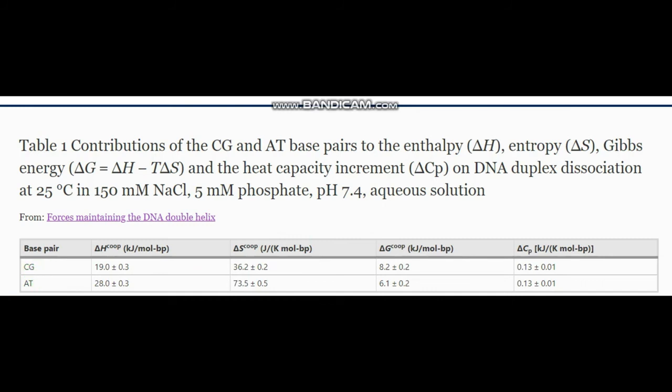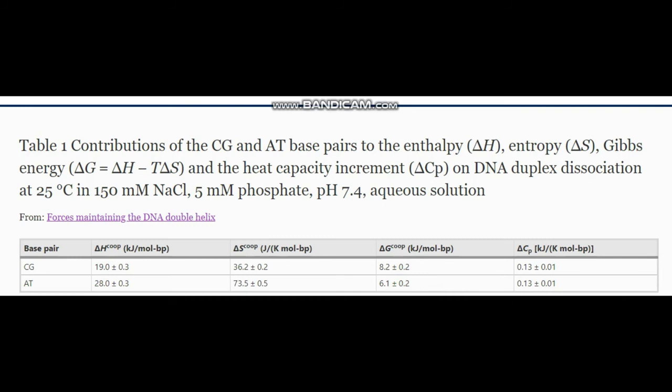So if we look first of all at delta G, which is the overall favourability, you can see delta G is positive for unfolding. And that's telling you that under these conditions at 25 degrees C, the double helix is stable, because unfolding would be an unfavourable thing.